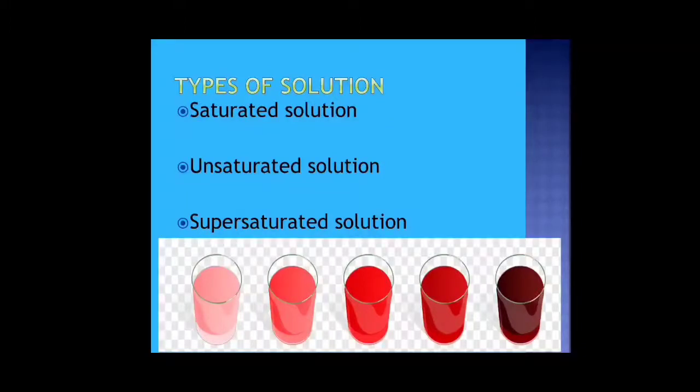You keep on adding more and more solute to it, it is able to take it. So the solvent is able to dissolve more and more solute without change in temperature. So it's readily accepting more solute. Such solutions are called unsaturated. They are not yet saturated. They are not tired. They are not filled up. So unsaturated solution.